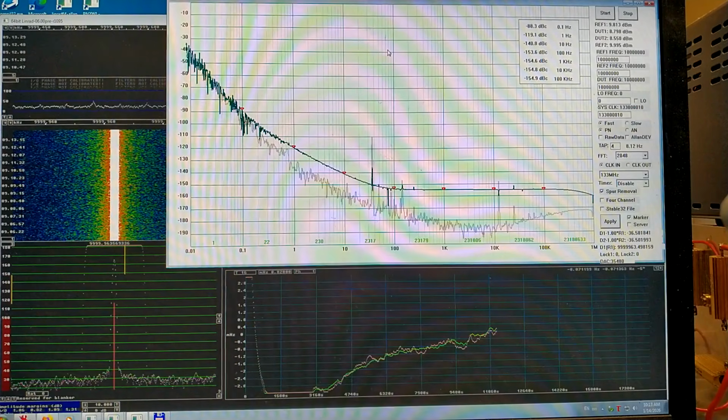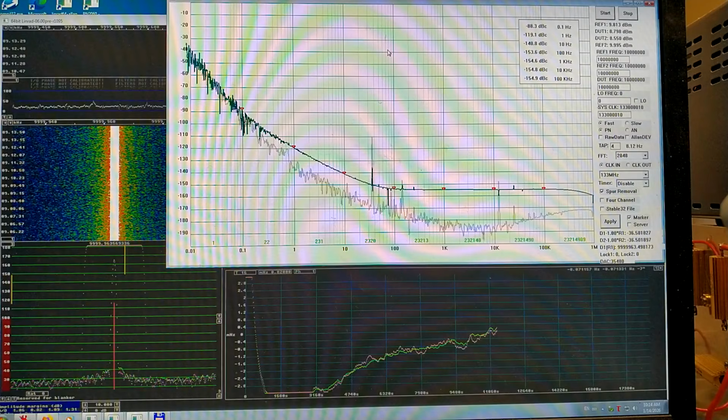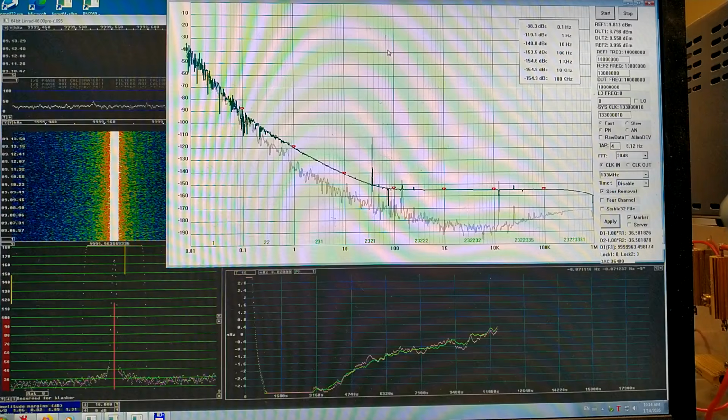The reason why I want the frequency off from 10 megahertz is that I need a bigger separation between the tested object and the reference oscillators. That is to have a higher audio frequency in the direct conversion receiver that I'm using here with Linrad.